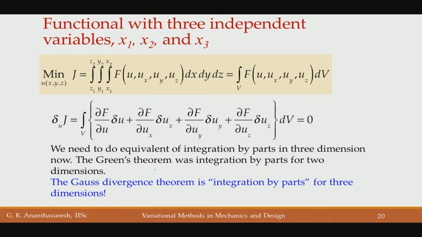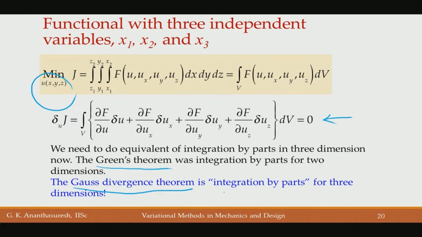So, here the function u is a function of x, y and z, okay, and that is the unknown, and the integrand here will be a function of up to first derivatives u, u sub x, u sub y and u sub z. And when we do all this, again taking the variation and equating to 0 and applying Green's theorem, which now becomes Gauss divergence theorem. Okay.